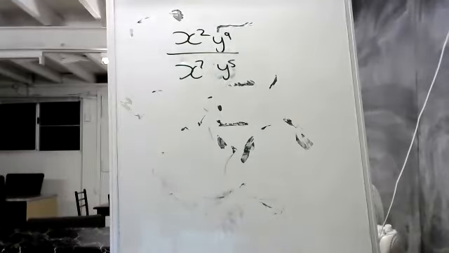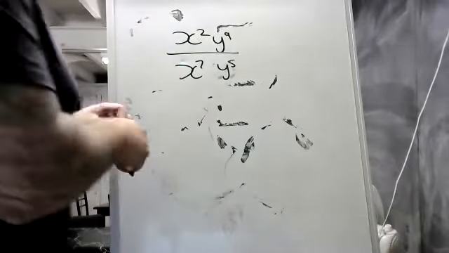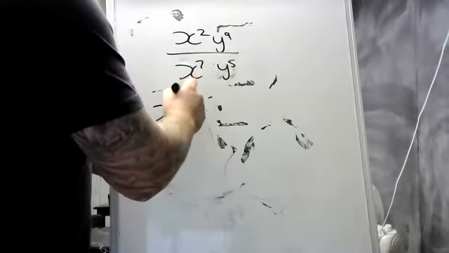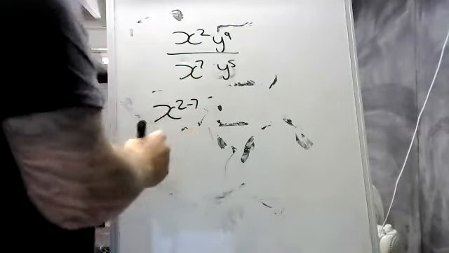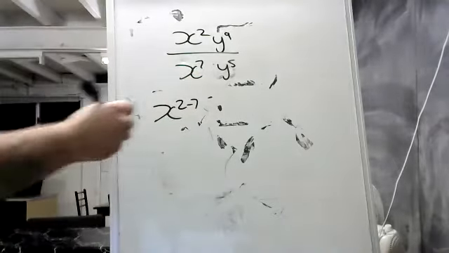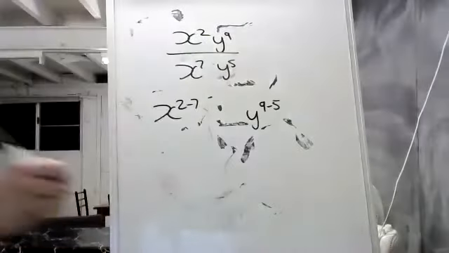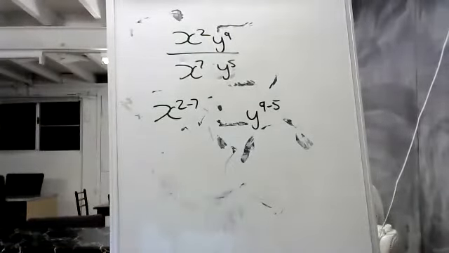What do we got? I got y to the 4 of x over 5, but I don't think that's right. So we've got x, 2 minus 7, and y, 9 minus 5, right? So what do we do with our negative exponent rules?